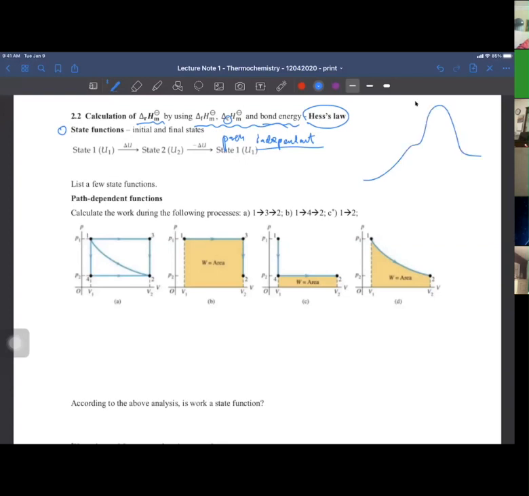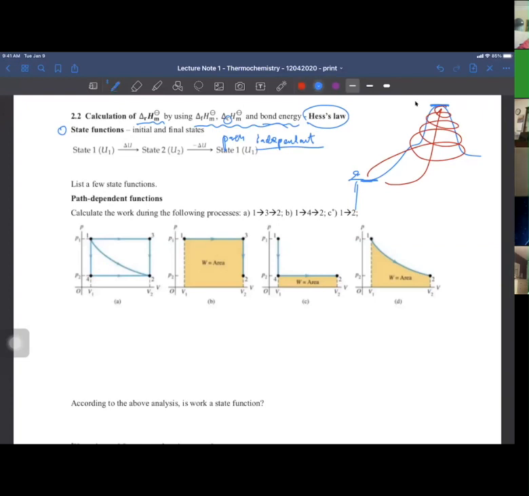Let's say this is the mountain. Obviously, if your initial state is here, this is you, and your goal is here, the top of the mountain, you can choose a way like this, which is the most challenging pathway. So you directly climb up, right, directly. Or there probably will be a path like this, which will take a longer time, but is relatively easier, right? So what is the state function here?